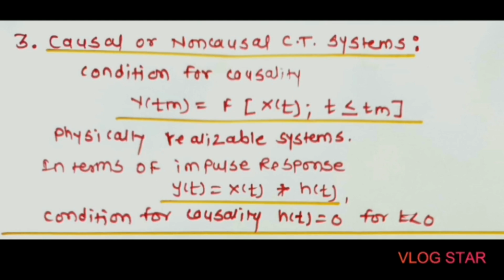The other way of defining a causal system is, a system is said to be causal if its output depends only on the present and the past values of input.